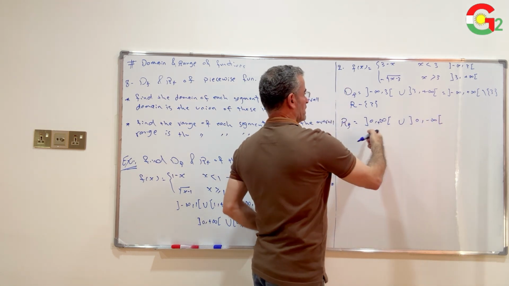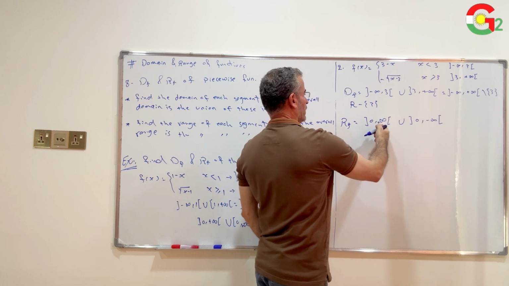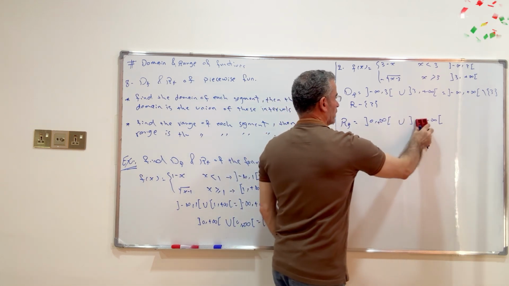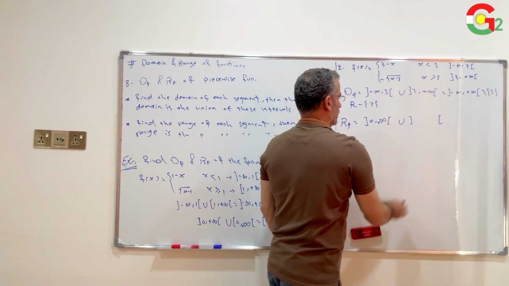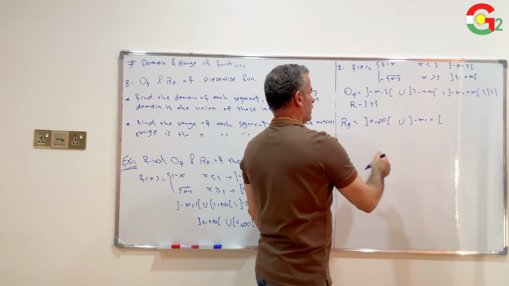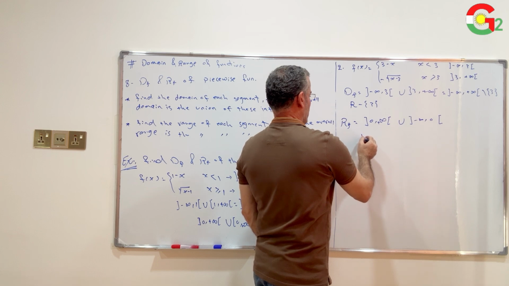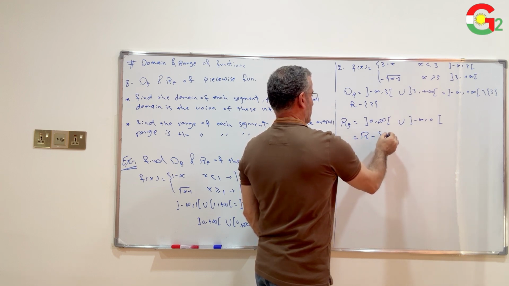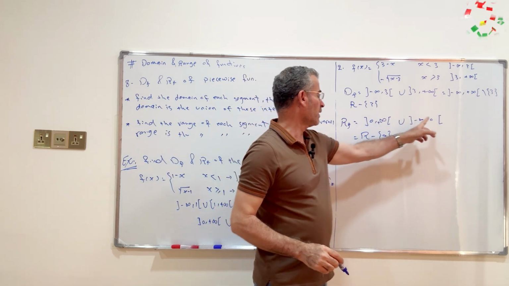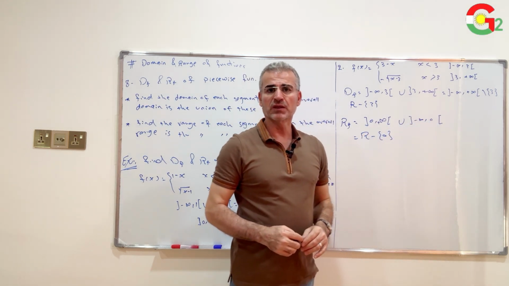Then the union of these two intervals is 0 to infinity plus negative infinity to 0. Then it will be R except 0, since 0 does not belong to either interval.